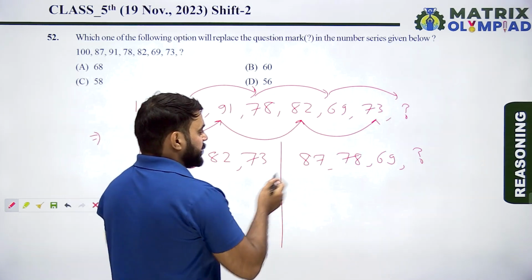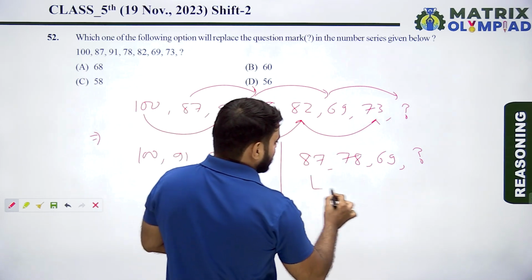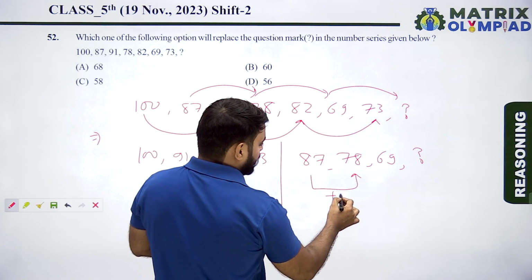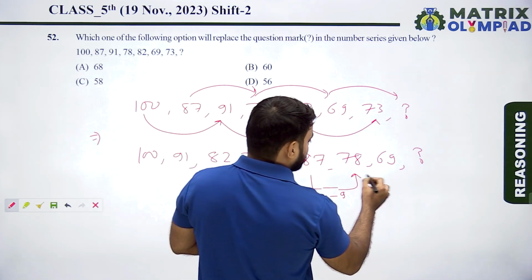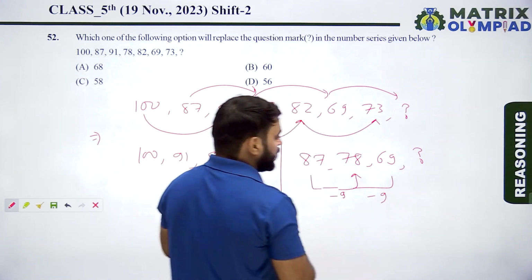So find the pattern of the given series. 87 to 78 means minus 9. Now 78 to 69 means again minus 9.